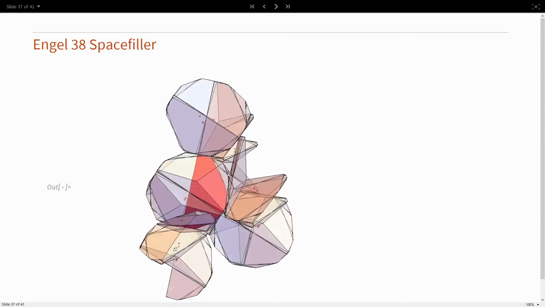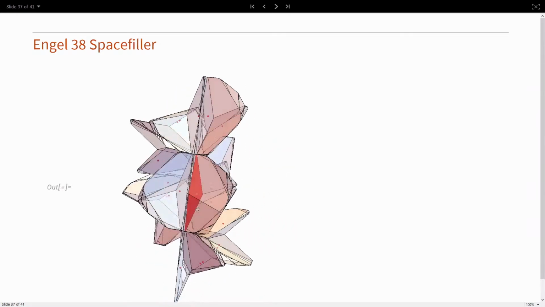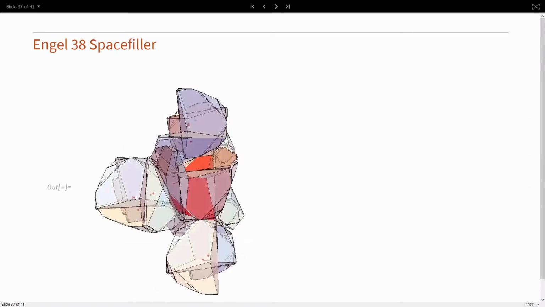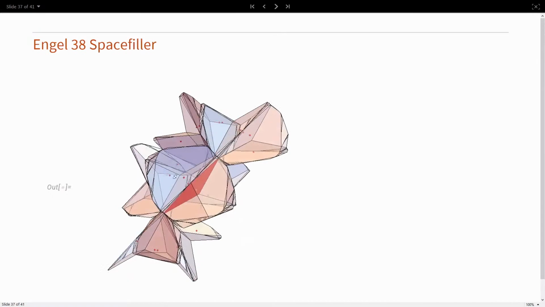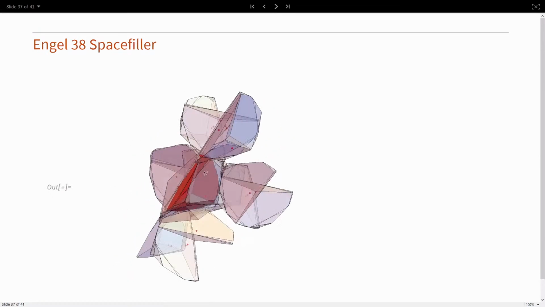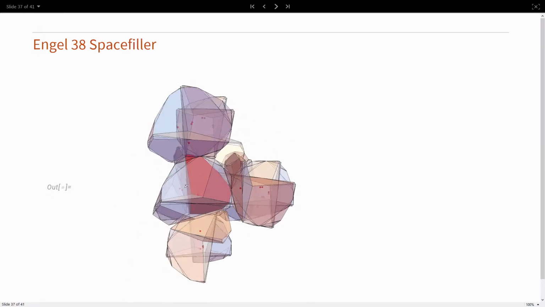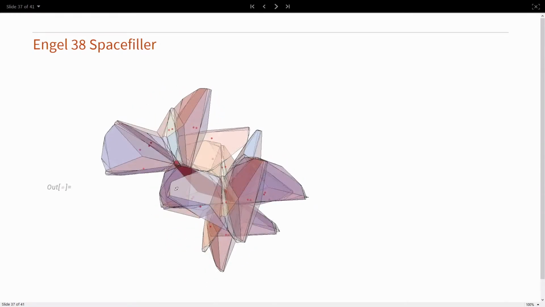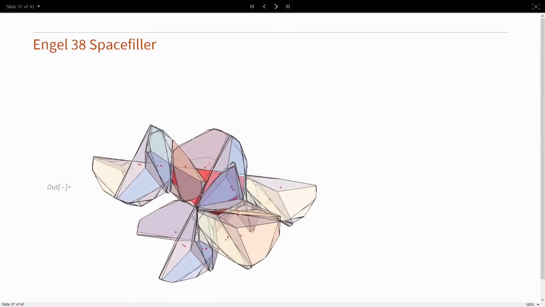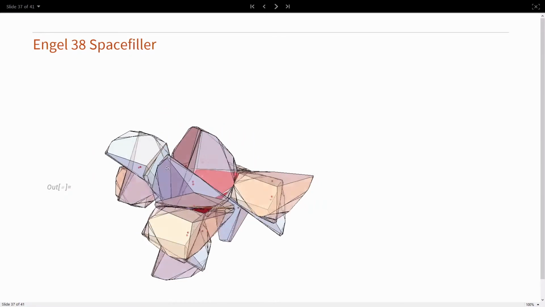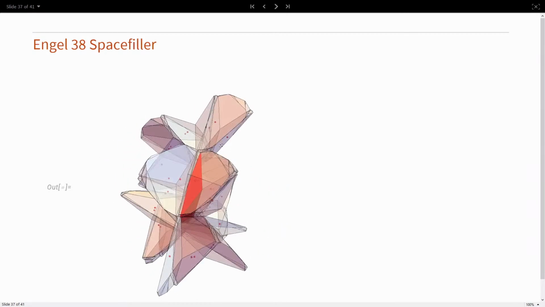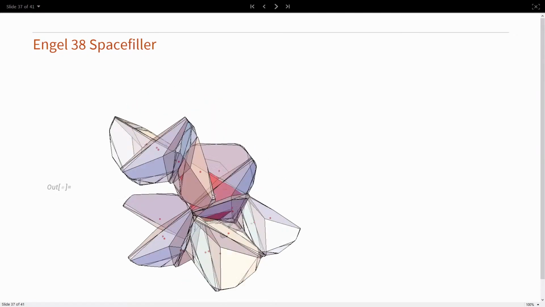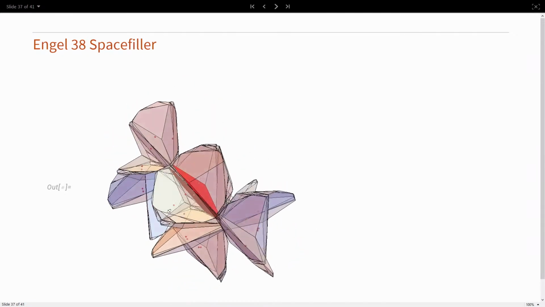For larger polyhedra, this is what's called the Engel 38 space-filler. We have one object here at the center, and it has 38 faces, and the faces are reflected here in an unusual way, but basically the object in the center, in opaque red, is surrounded by 38 copies of itself.